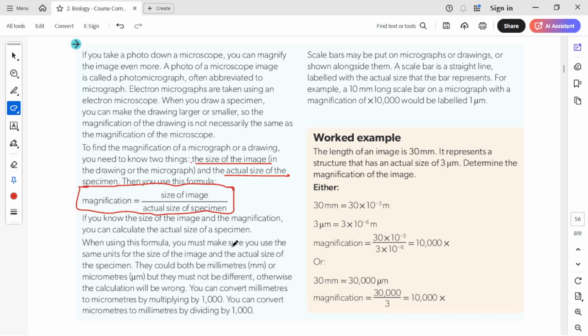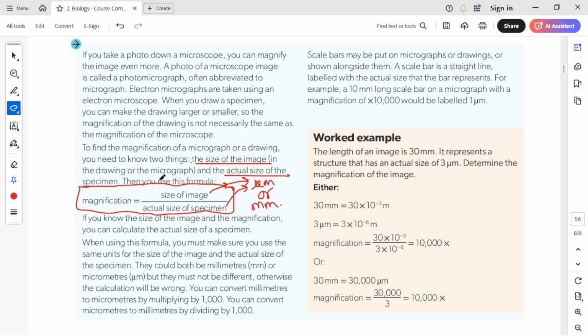When using the formula, you must make sure that you use the same units for the size of image and actual size of the specimen. They could both be millimeters or micrometers, whatever is given, but they must not be different, otherwise the calculations will be wrong. You cannot keep the size of image in micrometers and actual size of specimen in millimeters, then your answer will not be correct.